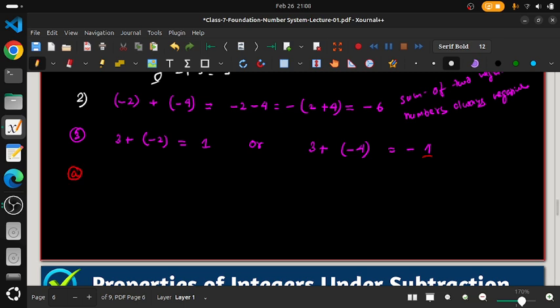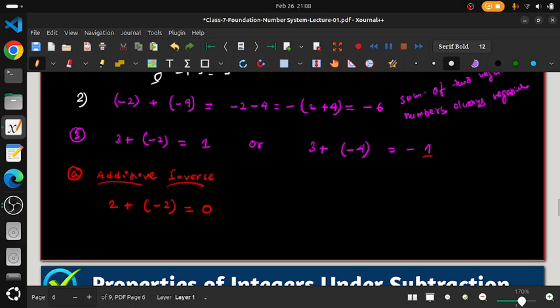Now we are seeing some properties. The first one is the additive property, or additive inverse as we say. What is the meaning of the additive inverse? If I have a positive number, and I add a negative number of the same magnitude, say 2 is a positive number and I add minus 2, we get 0.